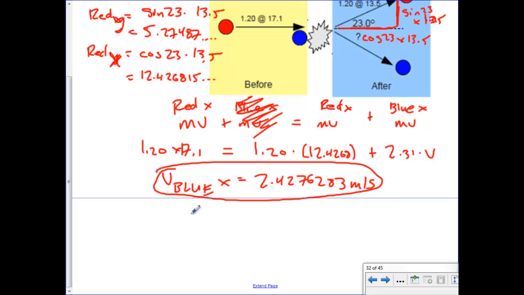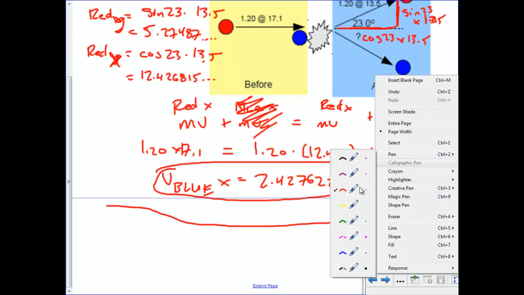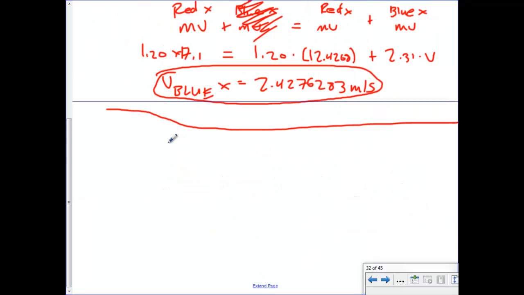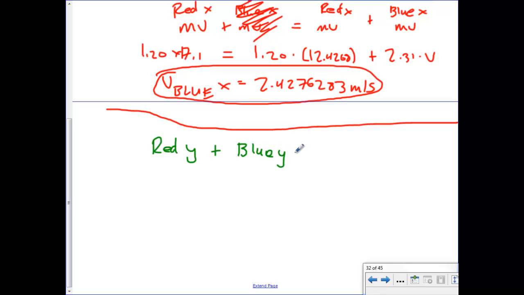Okay, this next one here, I would recommend you set it up in a really organized fashion. You probably can make it easier on this particular question, but I would actually do the exact same thing in the y direction. So I'm going to do another color here just to help separate them. I would say we need to do the red y plus the blue y equals the red y plus the blue y.